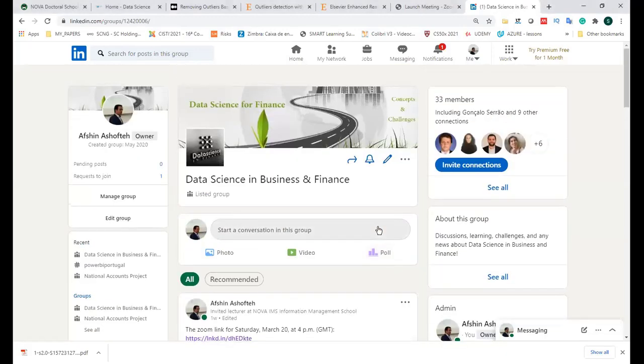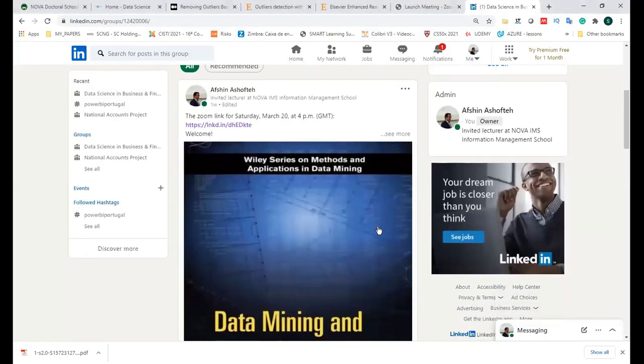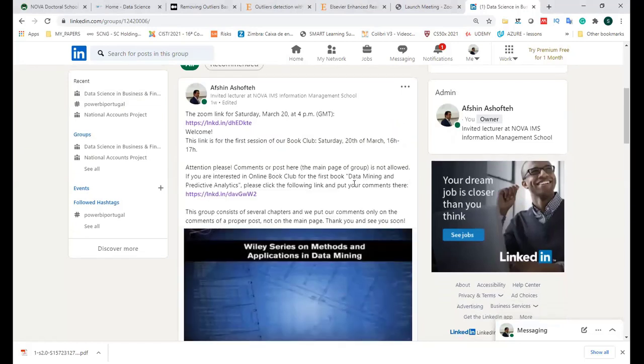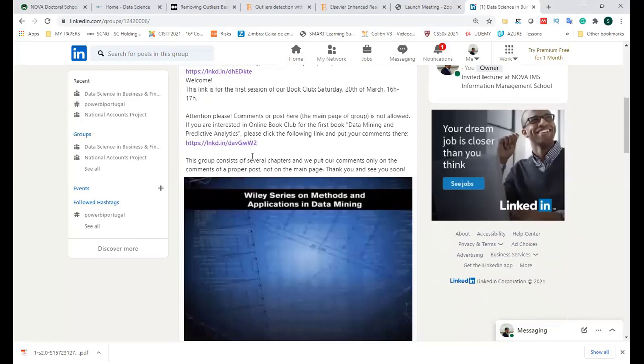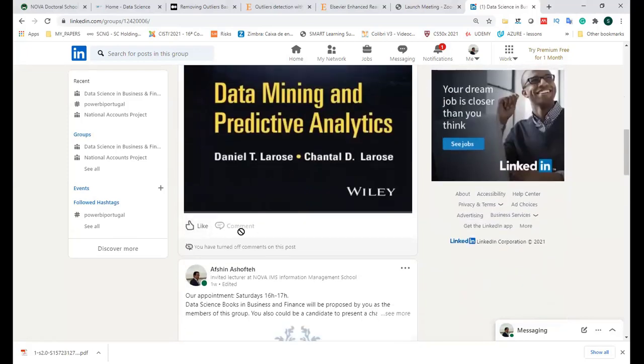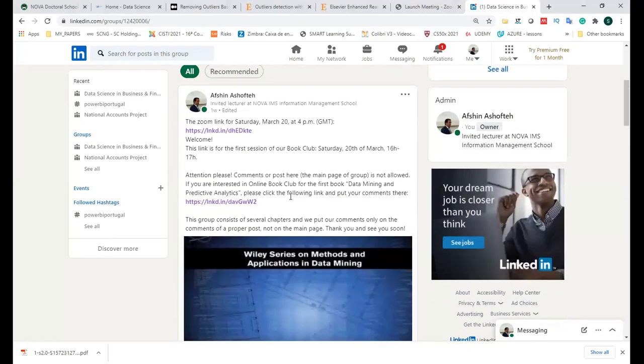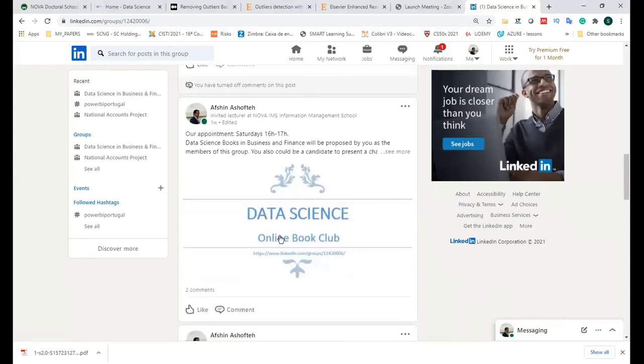This is the data science for finance group, right? So here we have this link that is the link of this class. But if I go through this, I close the comments here because on the main page, we don't write anything. But if you scroll down, you will see the Data Science Online Club here and 2 comments.